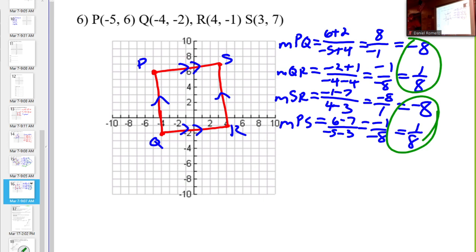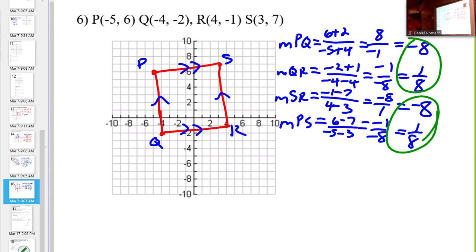But if we can also prove that it's a rhombus, if you get a rhombus and a rectangle and you put them together, what does that become? It's a square. Now, in order to prove that this is a rhombus, we can do diagonals.